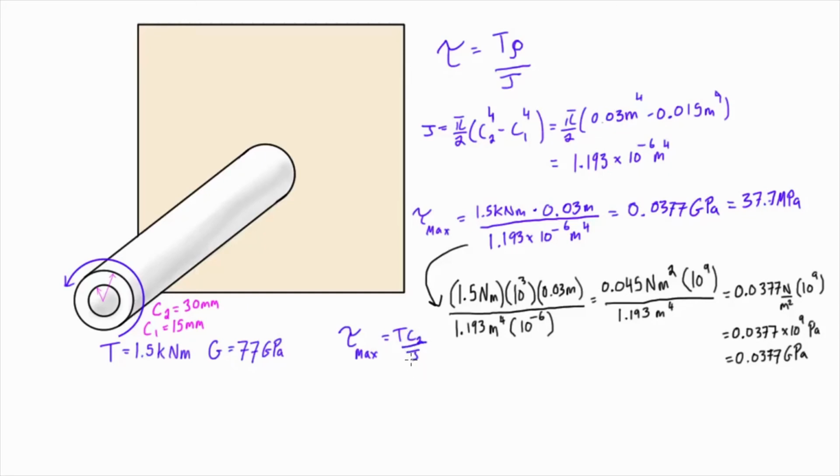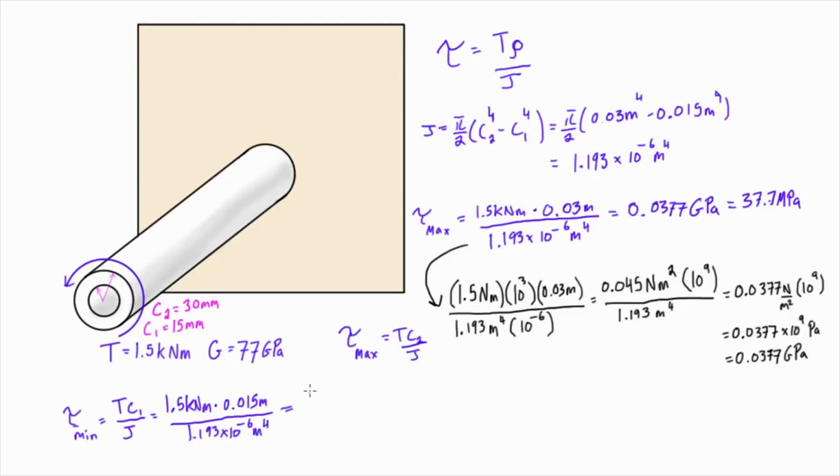All right, so that was our equation for tau max, where we had T times C2 over J. Now, to get our tau min, it's very similar. We just have T times C1 over J. So if we plug in these numbers again, we get 1.5 kilonewton meters times C1, which is just 0.015 meters, all over J, which was 1.193 times 10 to the negative 6 meters to the power of 4.